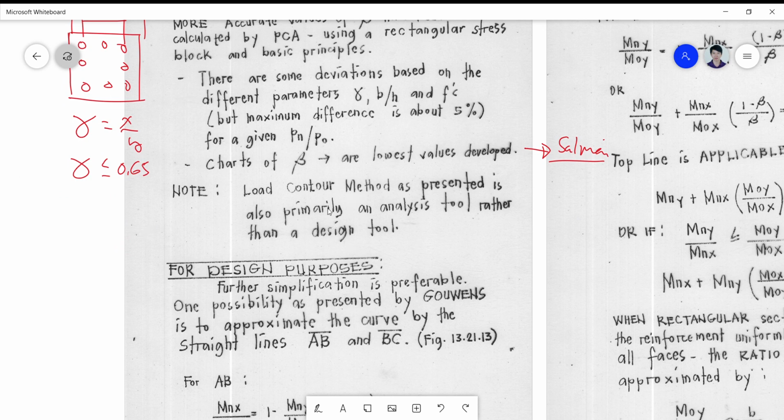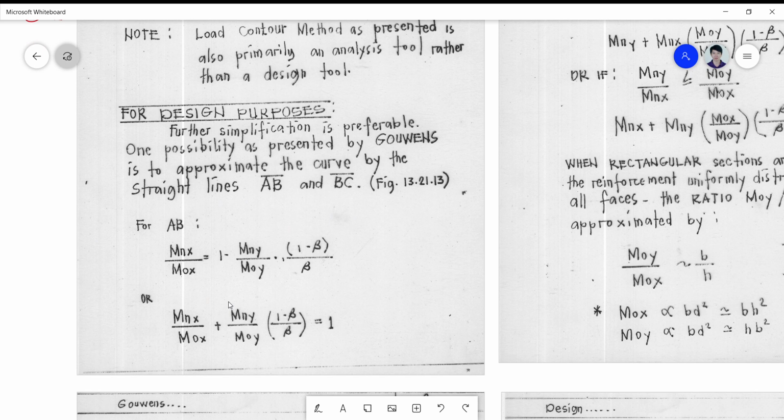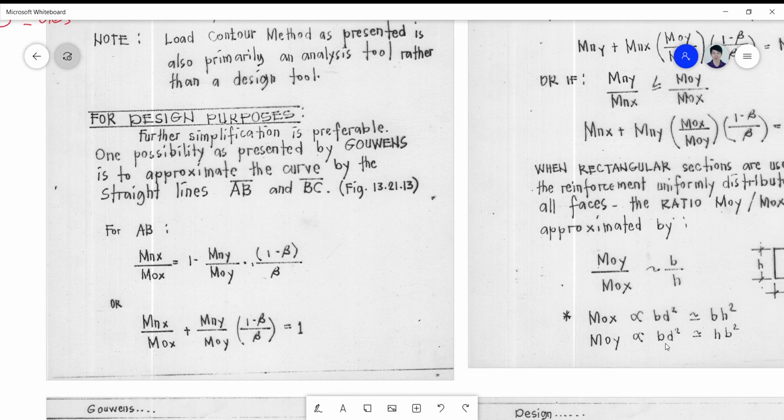Okay, so the load control method as presented is primarily an analysis tool rather than a design tool. So here, for the design purpose, as an extension of Bressler, we use now this equation to come up with the values of the moment we need for design purposes.